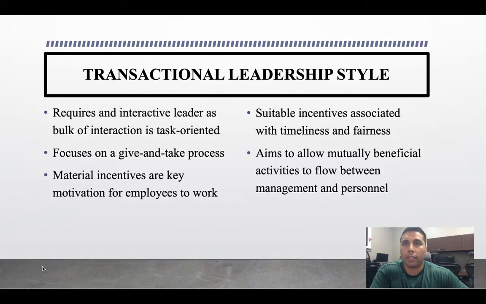Additionally, the style focuses on a give-and-take process because material incentives are a key motivation for employees to work. Furthermore, these suitable incentives are associated with a level of timeliness and fairness. Similarly, the transactional leadership style aims to allow mutually beneficial activities to flow between management and company personnel.